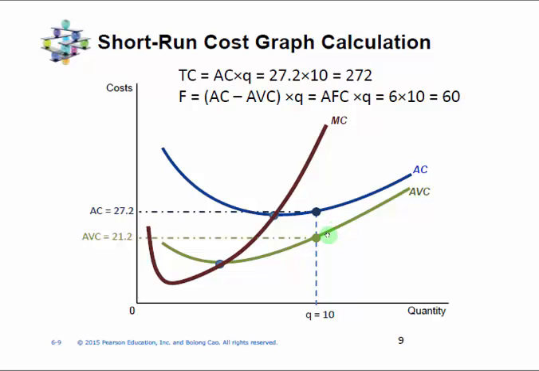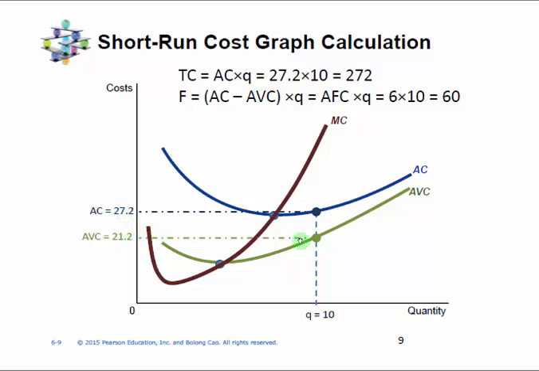And then, based on the quantity and the average costs, you can figure out the total cost of producing 10 units. What do we have here? The average cost is 27.2 times 10, you got 272. That is the total cost to produce 10 units.